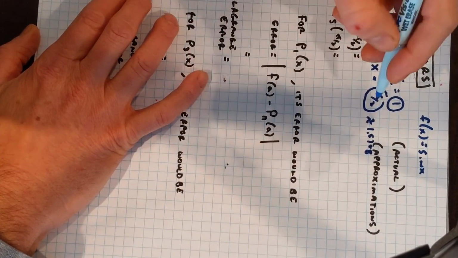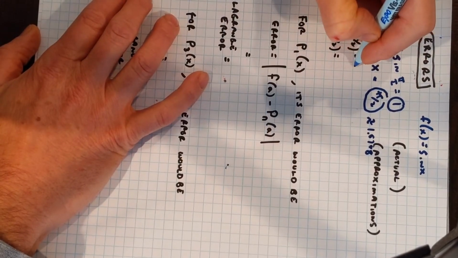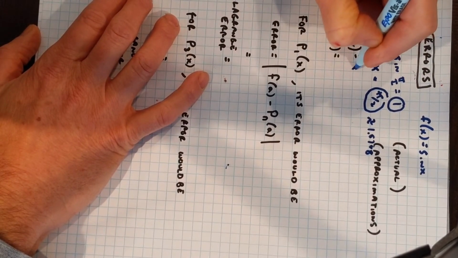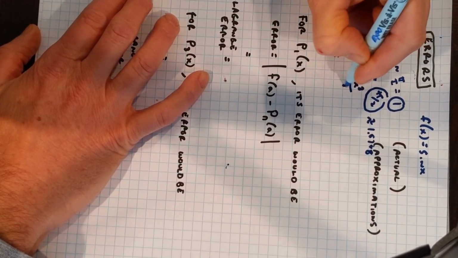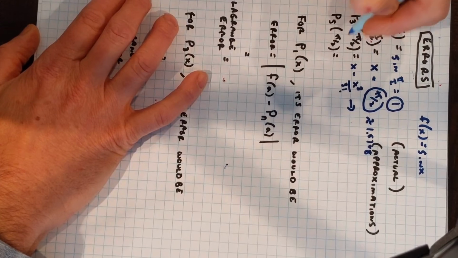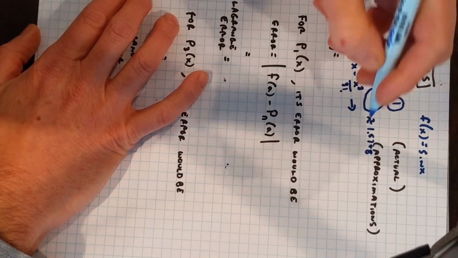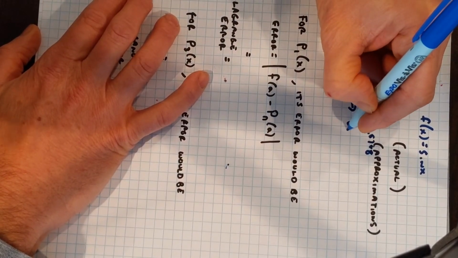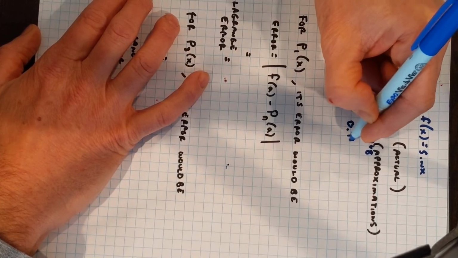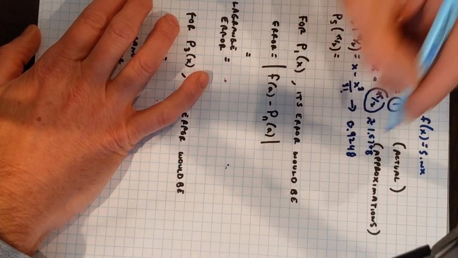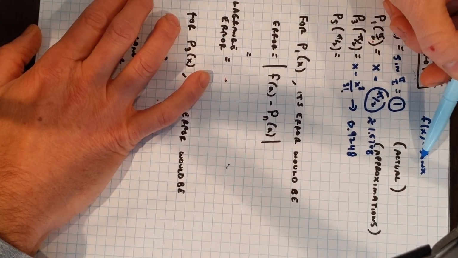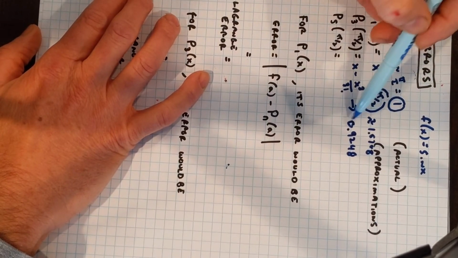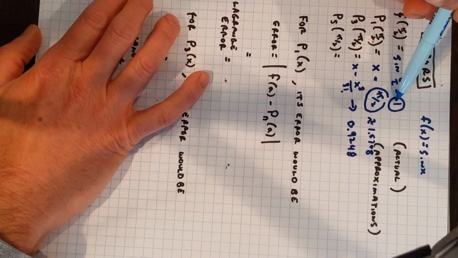My third order polynomial was x minus x cubed over 3 factorial. Again, it's cubed, that's why it's called a third order. Now, if I use that one and plug in pi over 2, I'll do the work for you, you get 0.9248. Using a third order, look how close that approximation is. I was using the polynomial centered around 0, and that's still very close, right around pi over 2.